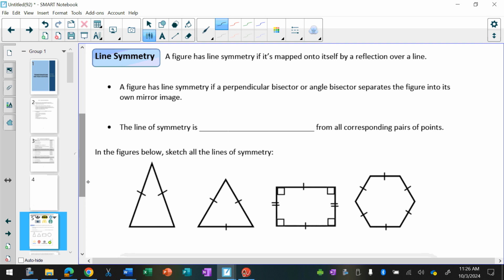So let's just start off with the basics, something simple. Line symmetry. Line symmetry is when a figure can map onto itself. Now, what does it mean to map onto itself? It simply means you can fold it in half, but fold it in half in a way that both halves are the same.